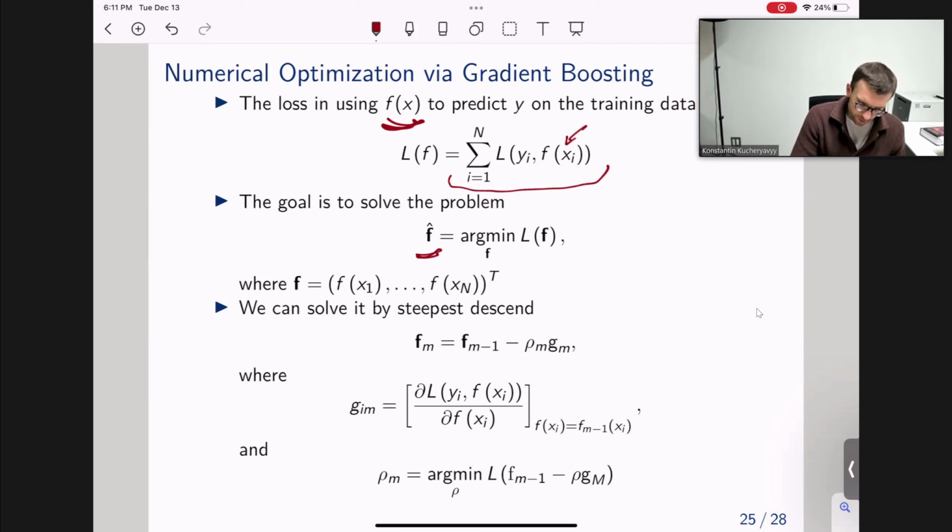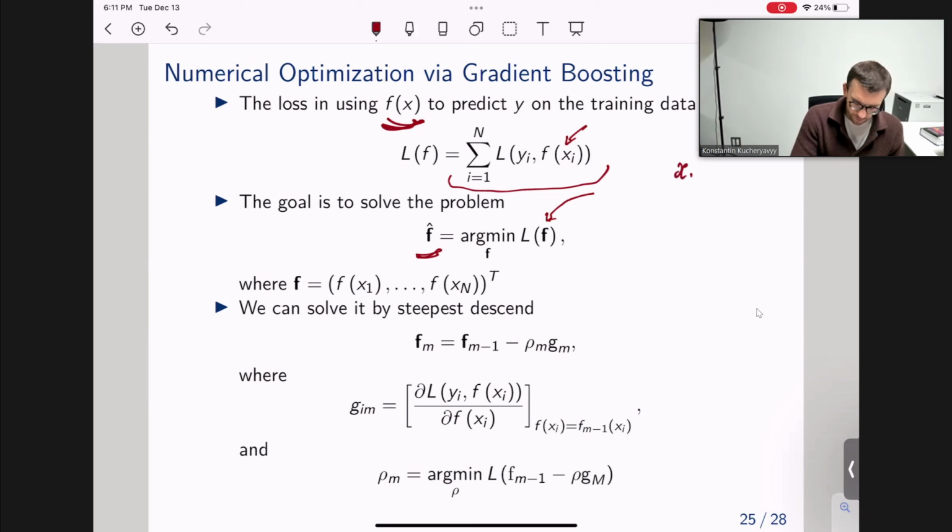In other words, our task is to choose non-parametrically a vector of values f that correspond to each observation.